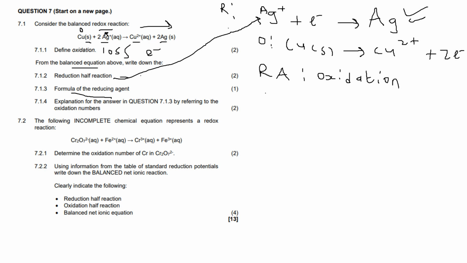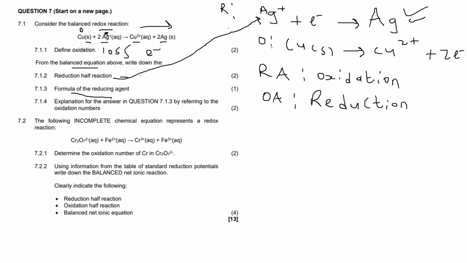And the oxidizing agent, because we're also going to ask you for the oxidizing agent, is the one that is undergoing reduction. The element that is undergoing reduction is your oxidizing agent.